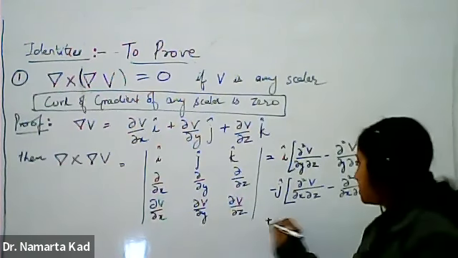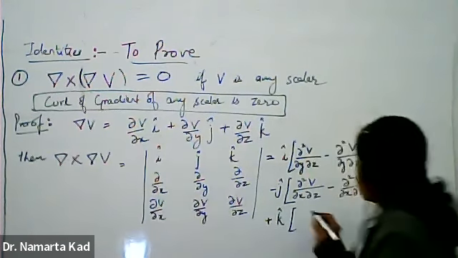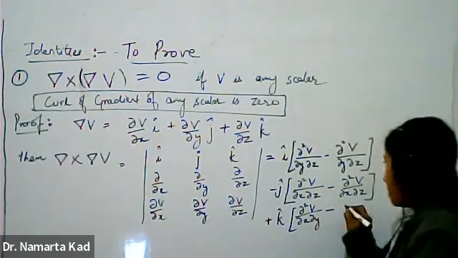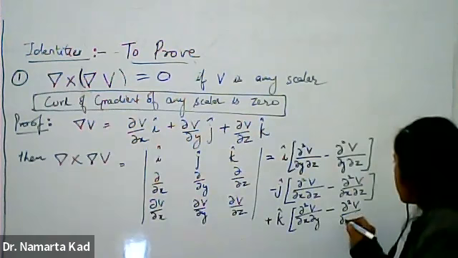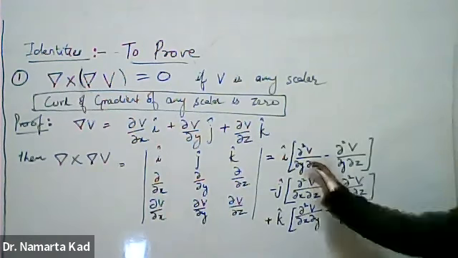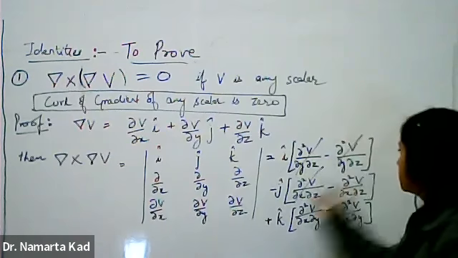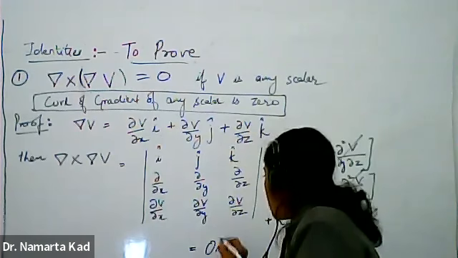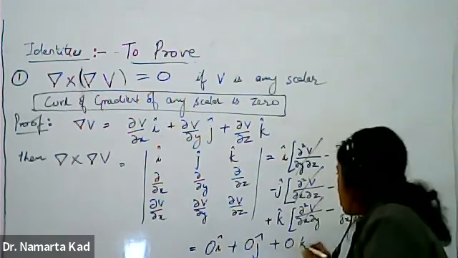Plus k cap, curly square v by curly x curly y minus curly square v by curly x curly y. As you see, these come out to be the same quantities, so they cancel out with each other, and it will give you 0 i cap plus 0 j cap plus 0 k cap.